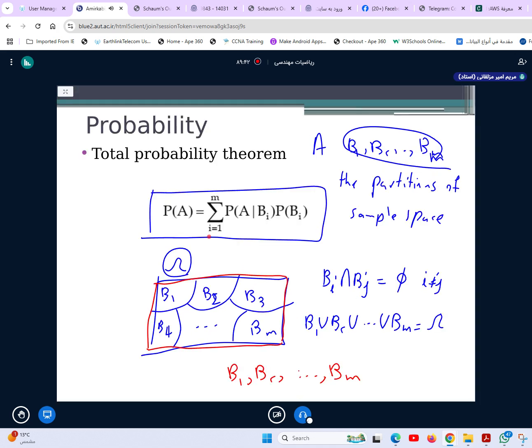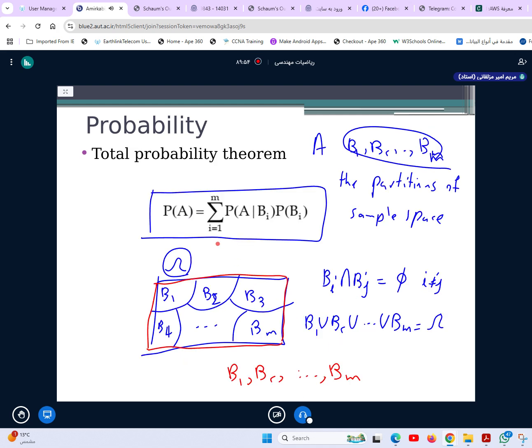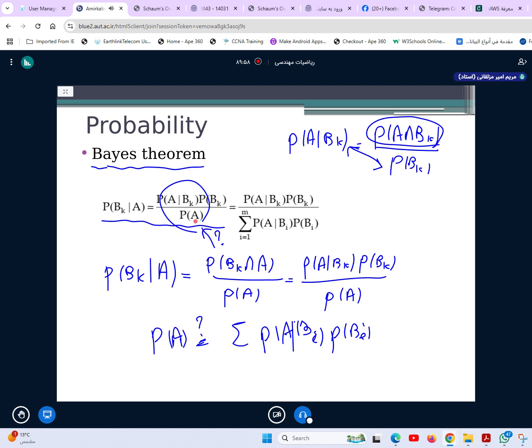We talked about the total probability theorem in detail, and here we only use it. We use this formula instead of the probability of A, because we know that the probability of A is equal to these summations.